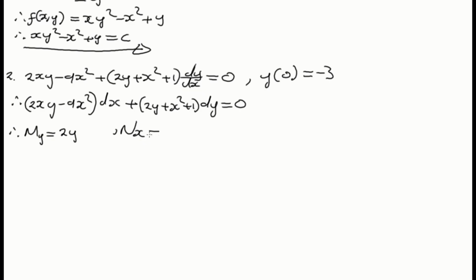With respect to x, it will be 2x. I think you can obviously see I made a mistake here. I will say with respect to y, this is a 2x. Okay, so therefore what we see here is that M_y is equal to N_x, and when this happens, it implies an exact differential equation.